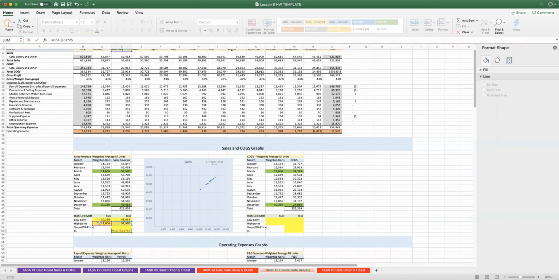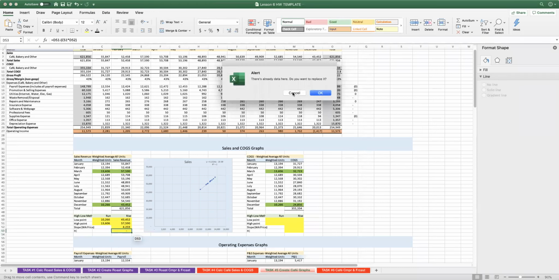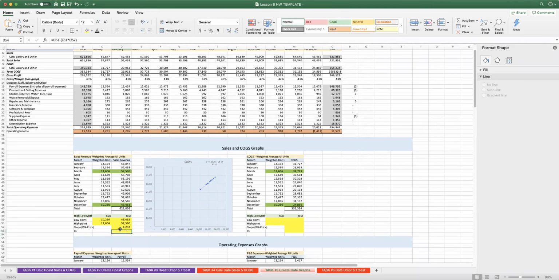Sometimes you've got to type that because it just isn't big enough. Okay. Here we go. Okay, so the fixed cost is showing you a 0 intercept. Right, so we're good to go.